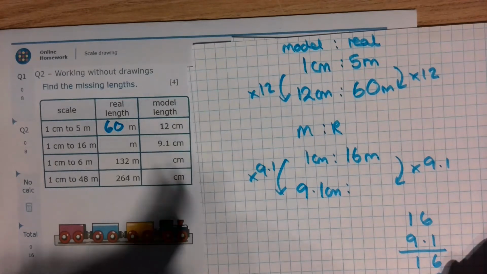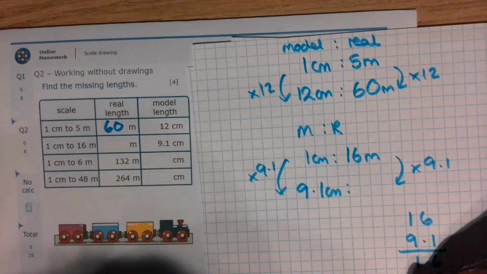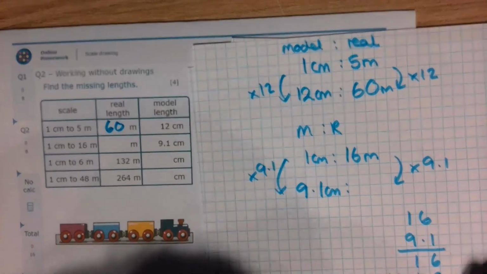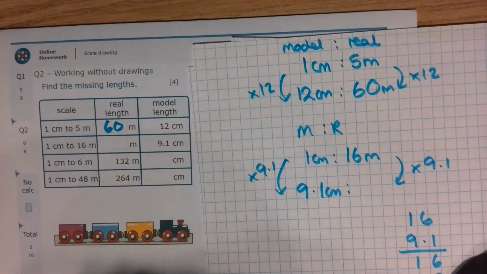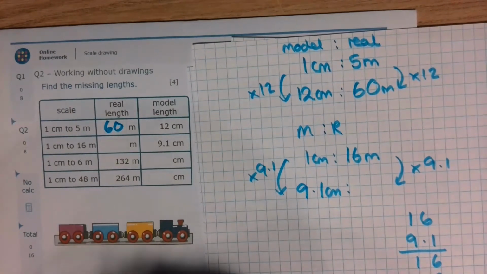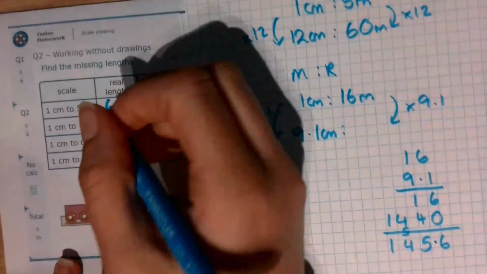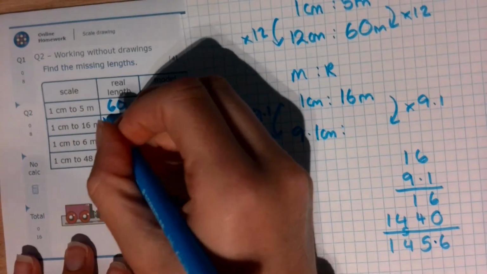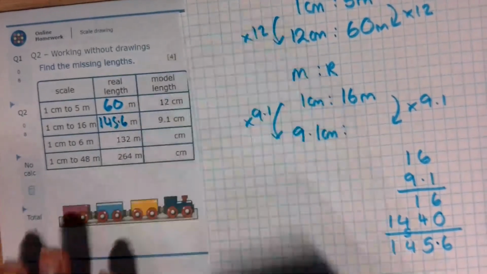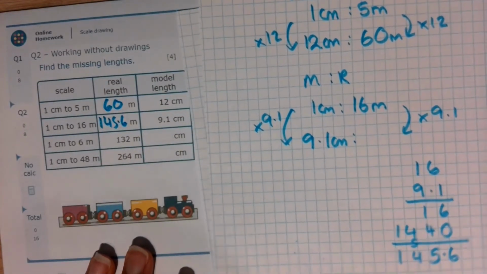Oh my gosh, I can't believe it actually took me that long, but we don't forget we've got the 5 over here, so that can give me 14, add those two together, 6, 5, 4, 1, 1 decimal place in the question, 1 decimal place in the answer, 145.6. Really sorry, I've got to remember to keep moving the paper up. 145.6.